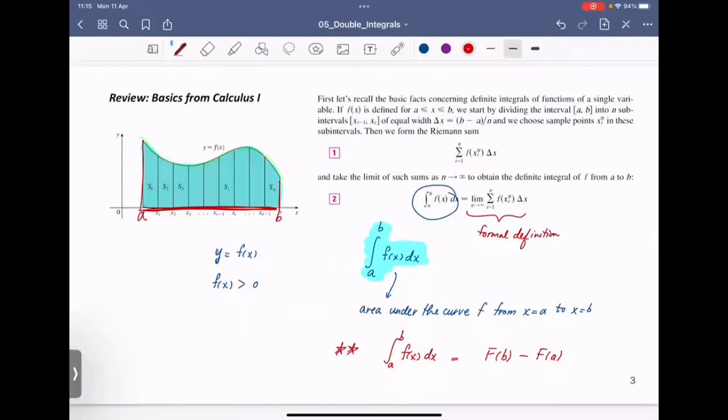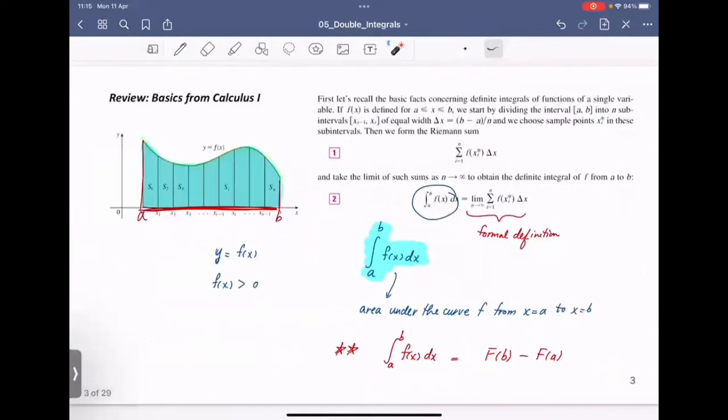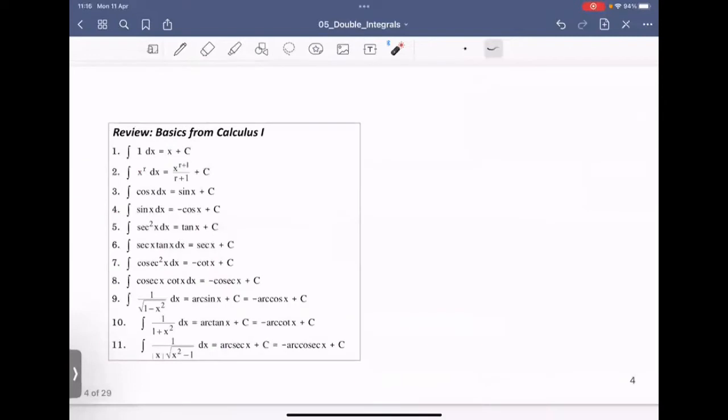Which means you're going to need to learn how to get the antiderivative formula of f, which is this one. This is the formula that you learn in Cal 1. We're going to need to keep it because we're going to use it again in Cal 2. We're trying to avoid the Riemann sum. We are not going to use the Riemann sum approach. We're going to use the formula approach, which means you need to memorize this.